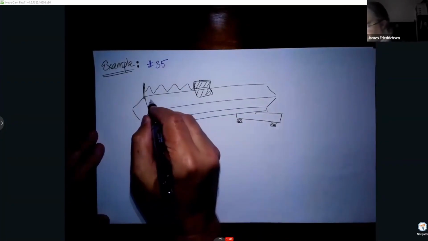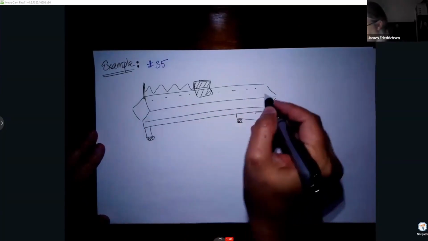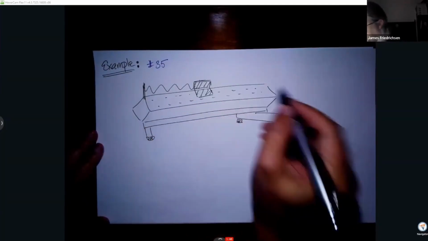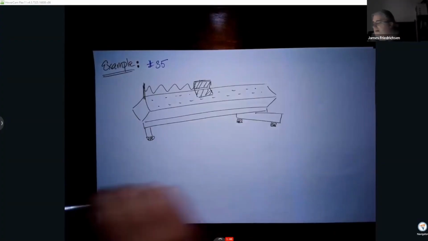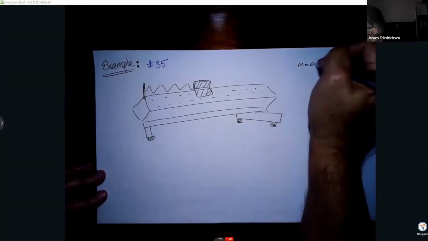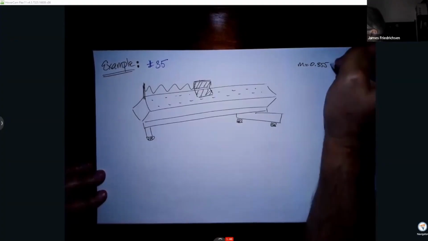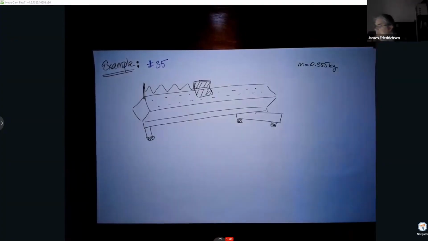There's my little air track and my glider. The mass is 0.355. That's the mass of the glider.